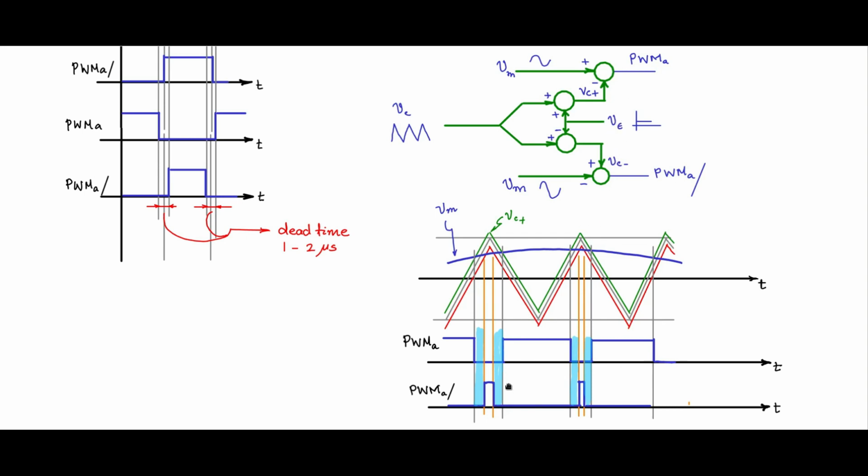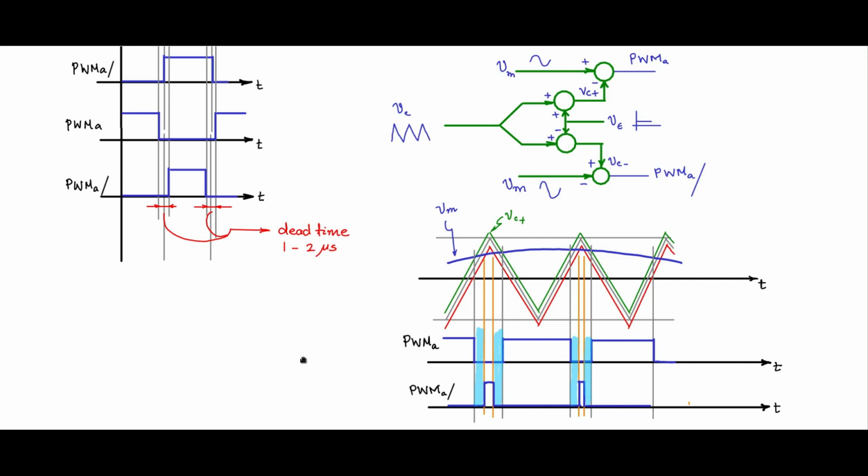V epsilon will determine this fixed dead band, irrespective of the pulse width, between PWMA and PWMA bar. This is the dead band that will be used to protect against or avoid any shoot through currents in the arms of the full bridge circuit.